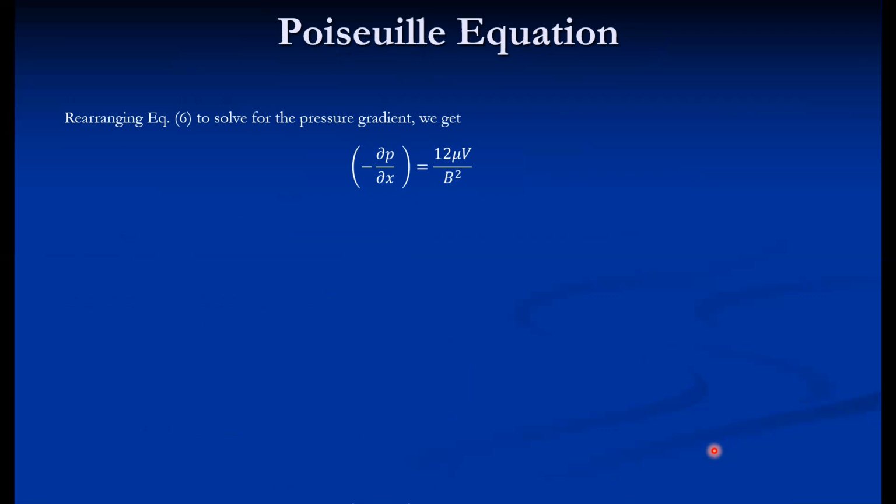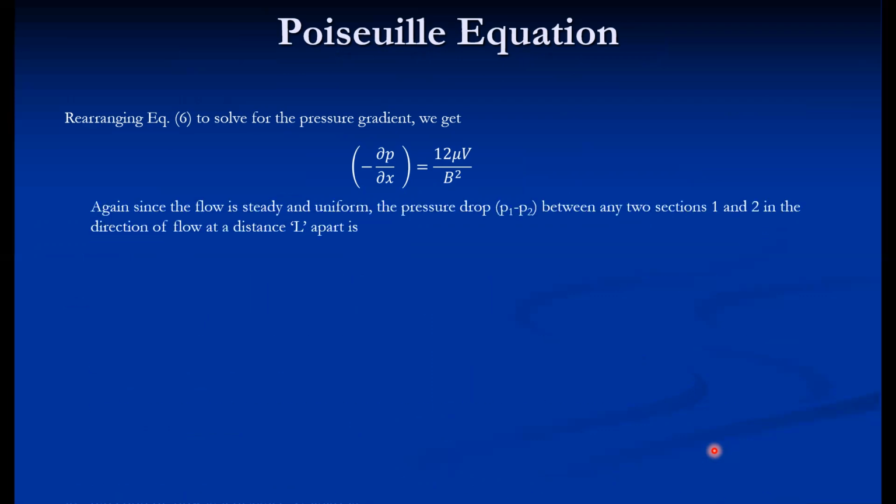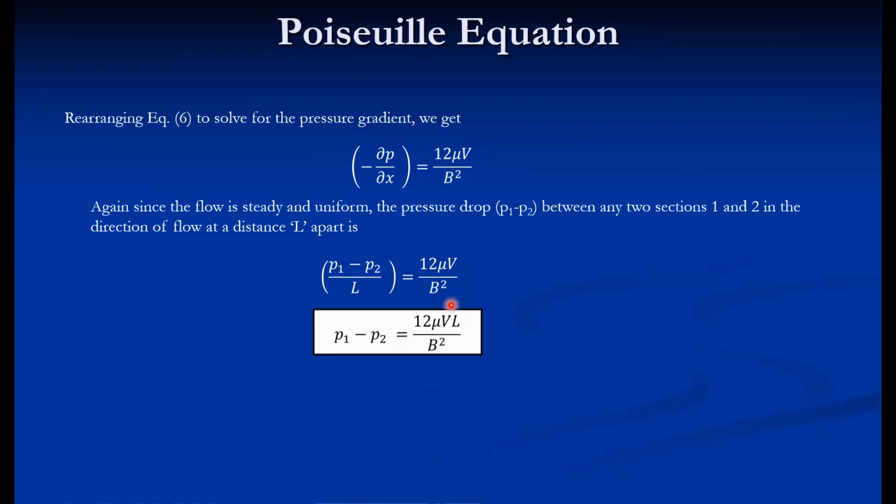Again, since the flow is steady and uniform, the pressure drop P1 minus P2 between any two sections 1 and 2 in the direction of flow at distance L apart. So instead of this minus dp by dx, we can put P1 minus P2 by L, that is equal to 12 mu V by b square. So if we rearrange the term, P1 minus P2 is equal to 12 mu V L by b square.